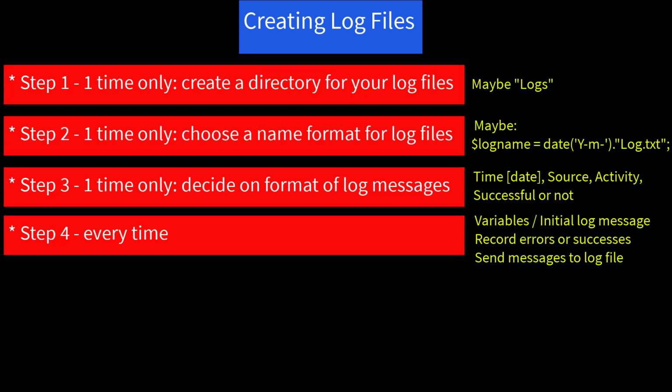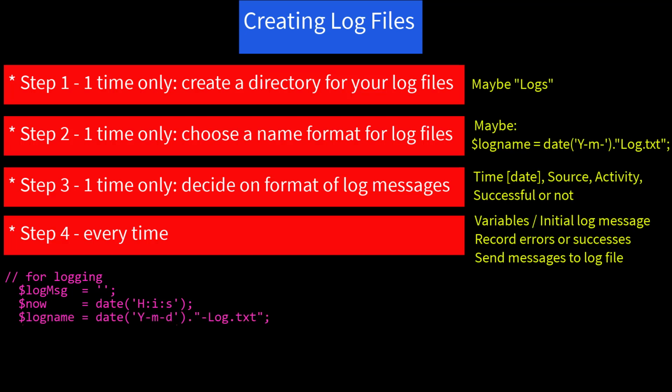Let's use the Sign Up for Japan trip form. Early in the CGI, declare these variables. // for logging, $logmessage = ""; $now = date("H:i:s"); $logname will equal date("Y-m-d") concatenated with "-log.txt".